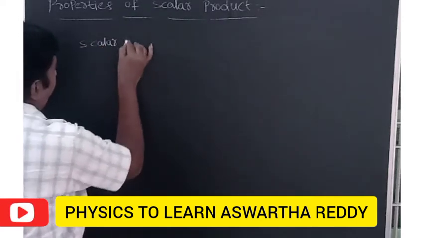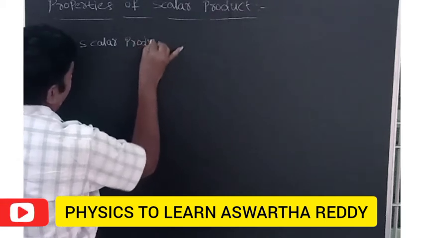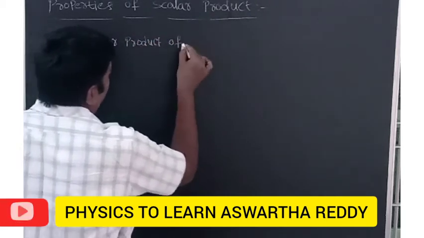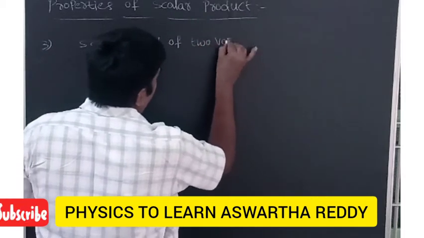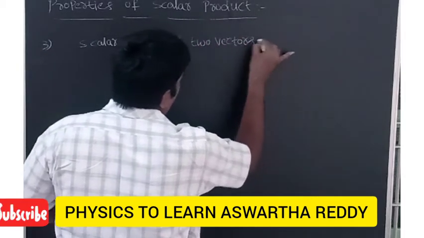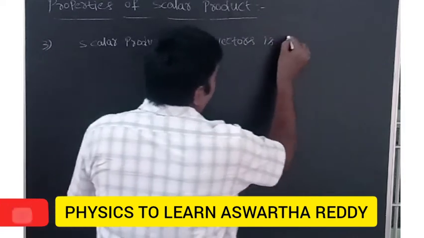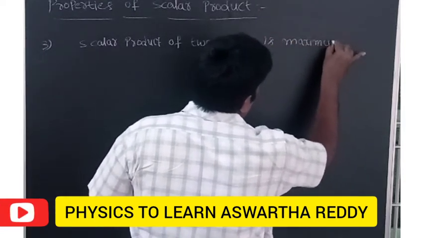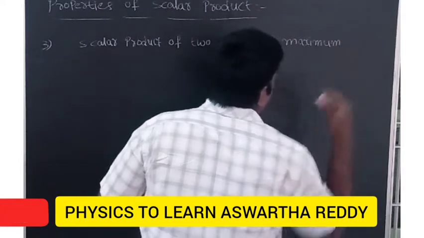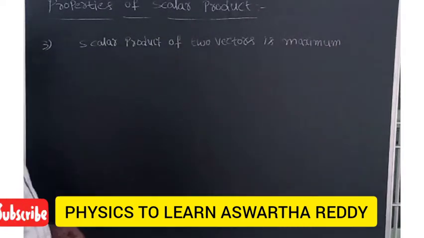Scalar product of two vectors is maximum. When will it be the maximum?